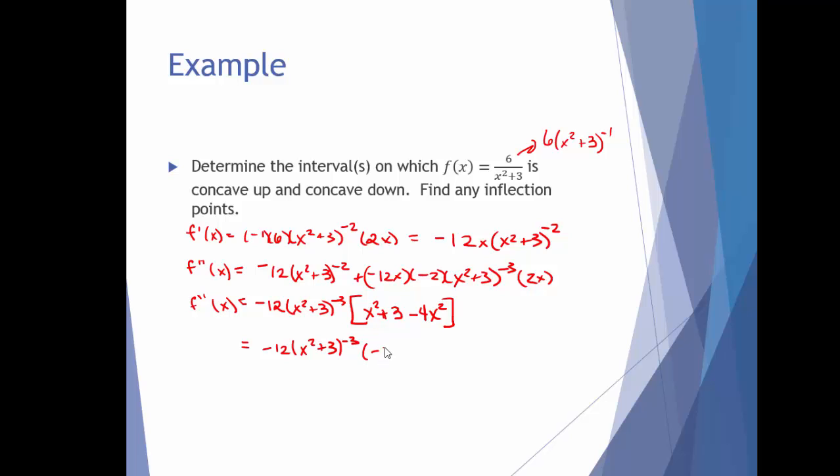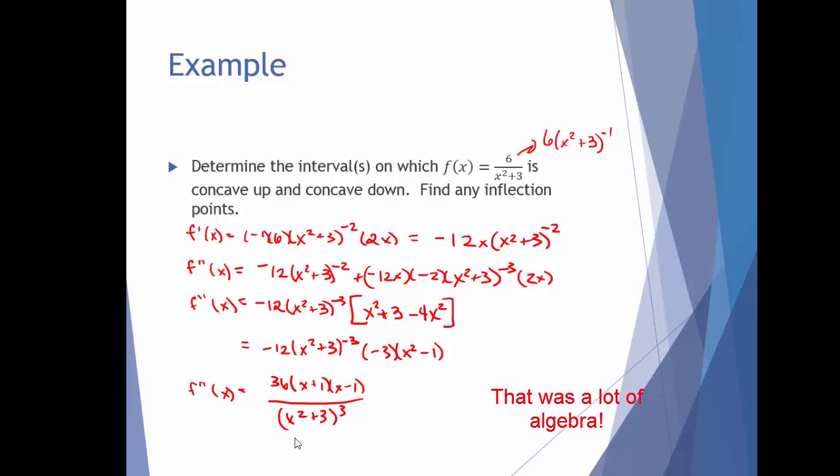I'm going to go ahead and pull that negative 3 out. That's going to leave me with a positive x squared. And when you factor out the negative 3 from the positive 3, that's going to be minus 1. So my second derivative, once I make it look pretty, ends up being 36 times (x squared minus 1), which is (x plus 1) times (x minus 1), over (x squared plus 3) cubed.